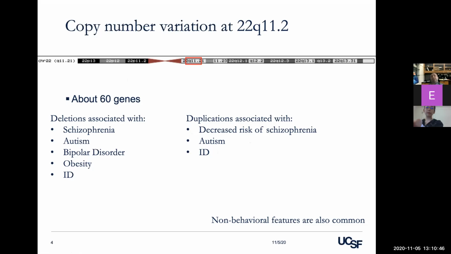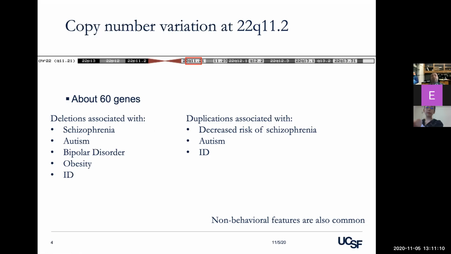So that's just an interesting thing that comes up here, where sometimes deletions and duplications have the same traits, sometimes different, and sometimes it's just the opposite. Now this is a very well classified mutation. It's also called DiGeorge syndrome and velocardiofacial syndrome. Maybe that's a term you've heard somewhere.